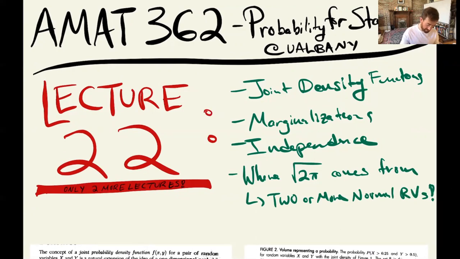All right. So we already introduced this notion of the JDF where it looks like a uniform on, say, a square, or maybe a rectangle even. But what happens when the joint density function is a little more complicated?